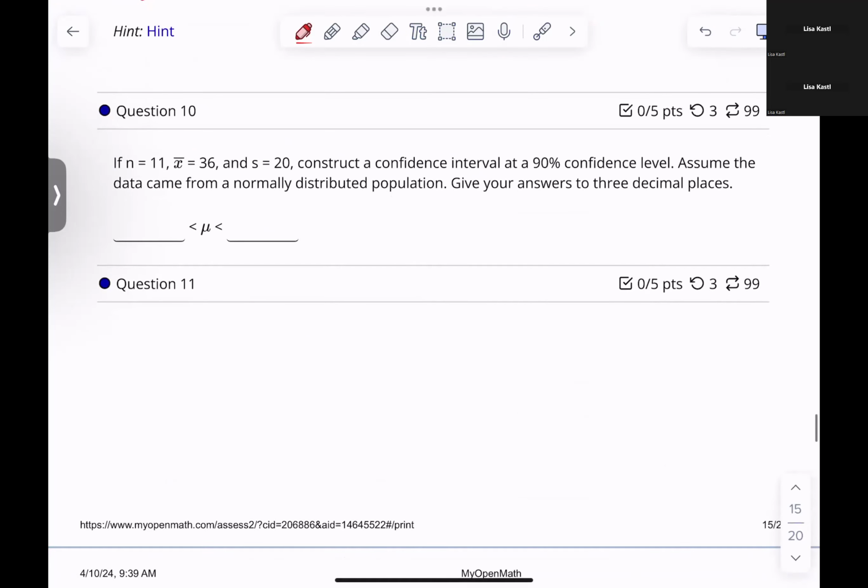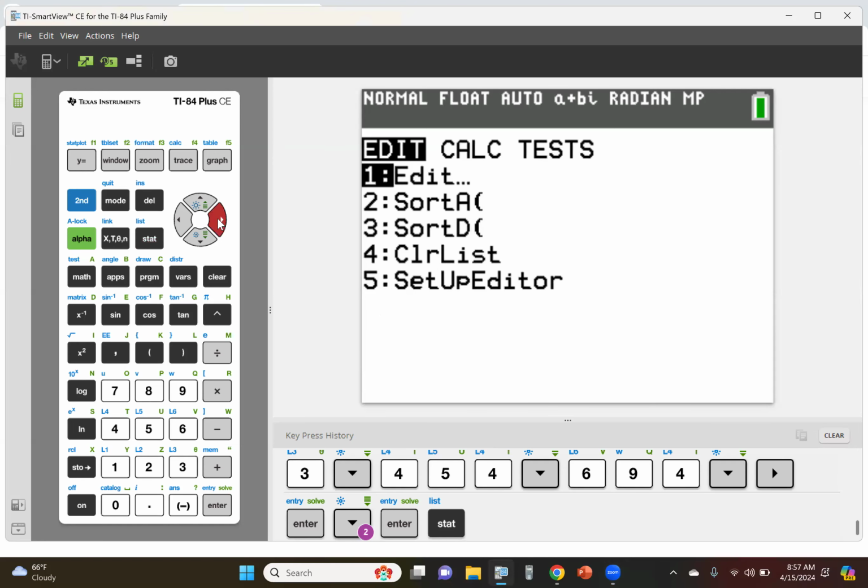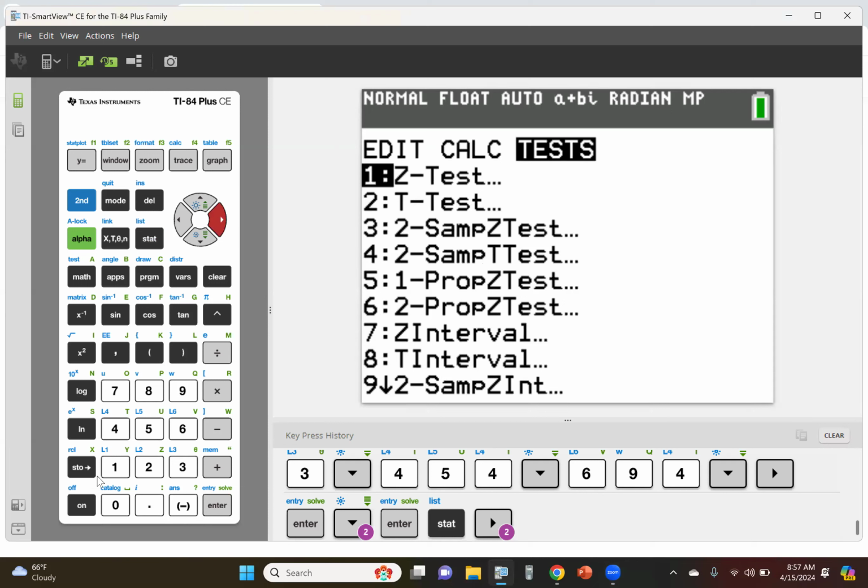Okay, if n is 11, x-bar is 36, and s is 20, construct a confidence interval at a 90% confidence level. So what are you going to use? The t-interval? So stat, tests, t-interval, number 8.